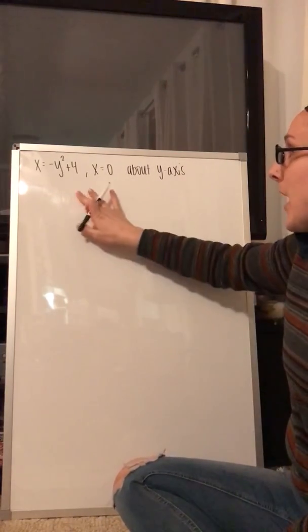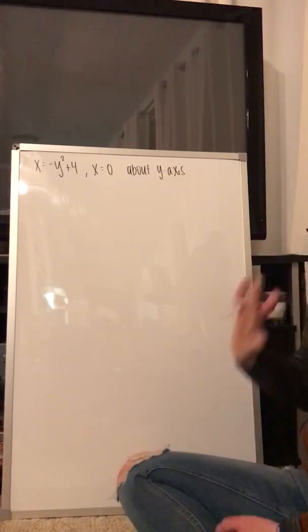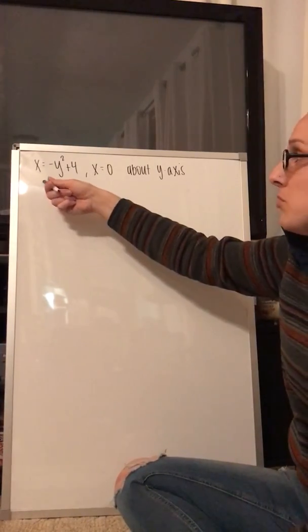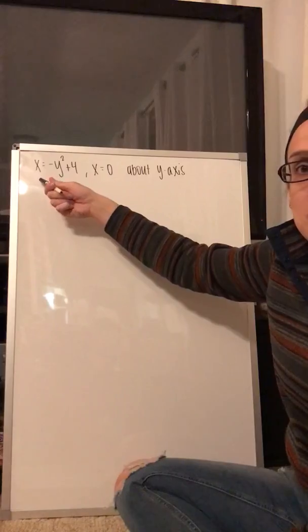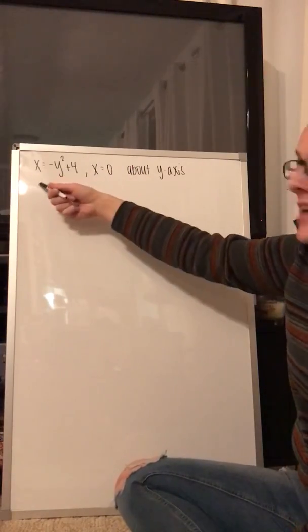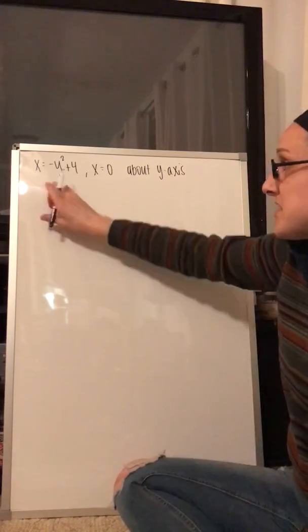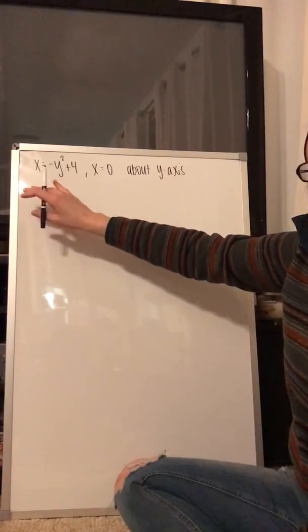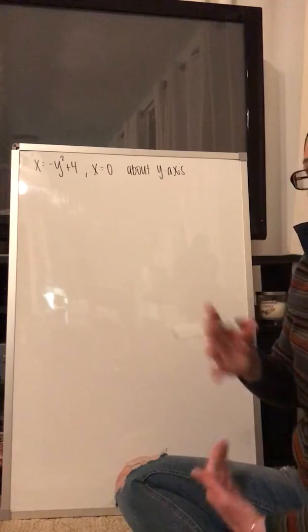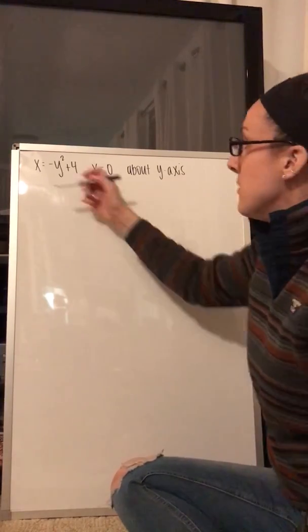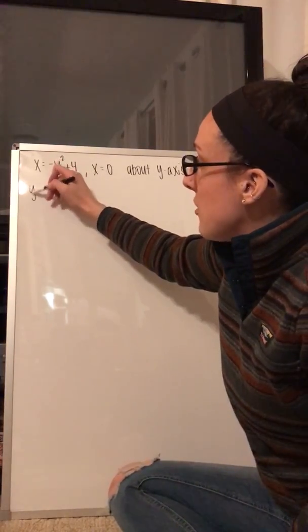All right, so I know that I probably want to see visually what this looks like. Well, when we usually graph, we graph something in terms of y is equal to. Right now, I have an equation in terms of x is equal to. So before I graph this, I'm going to manipulate this function a little bit just to get it in terms of y equals so that I can know what this is going to look like in terms of a graph. So bring the y squared over here.